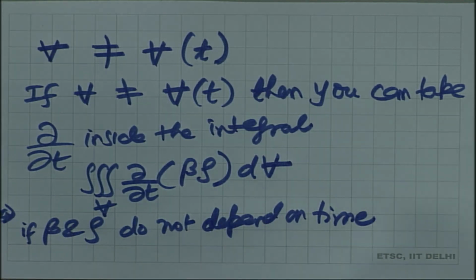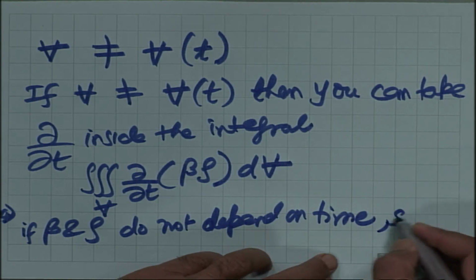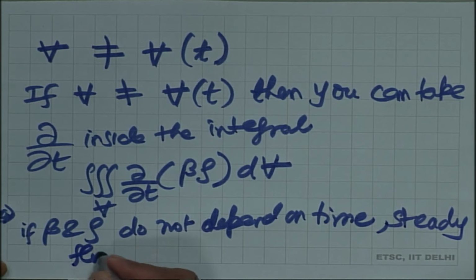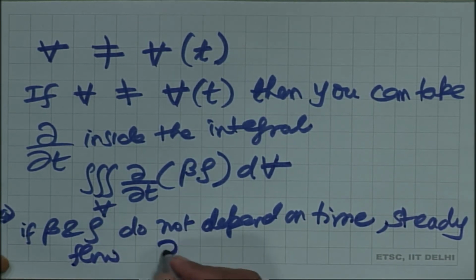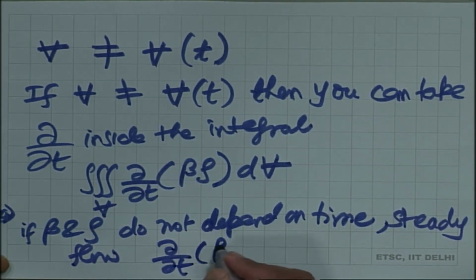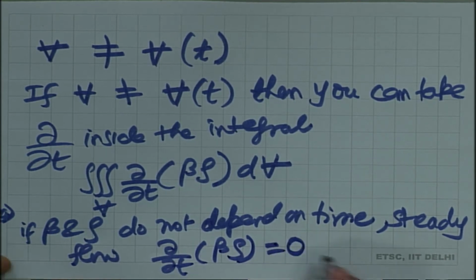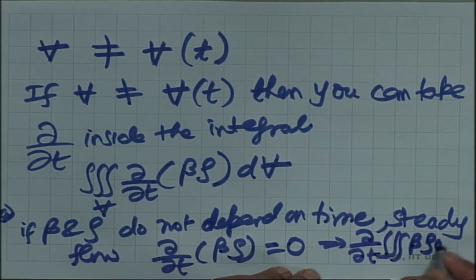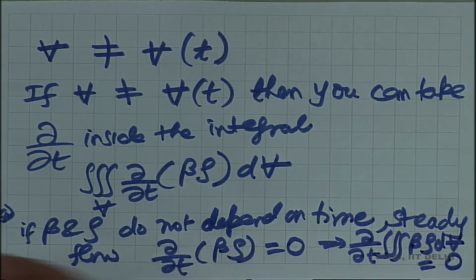So, then what will happen is, this will happen for a steady flow, then partial by partial t of beta rho is equal to 0, and this total volume integral beta rho dV will be equal to 0.